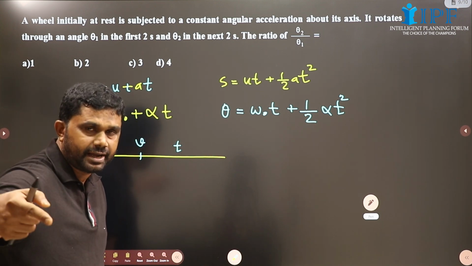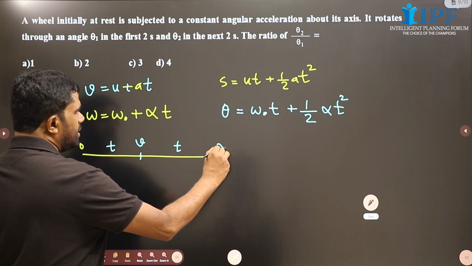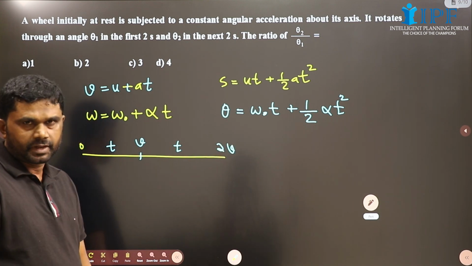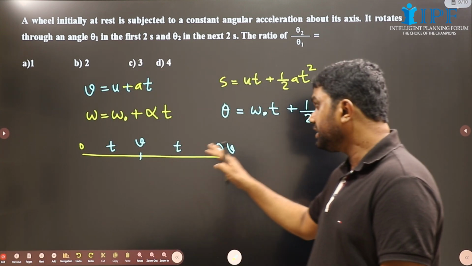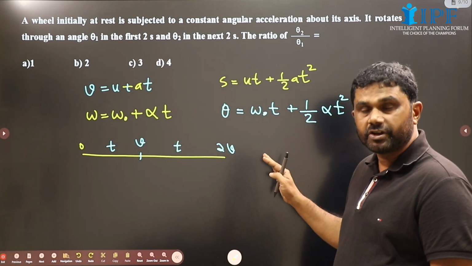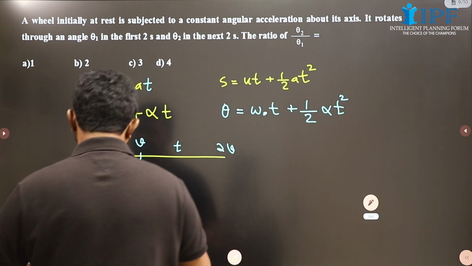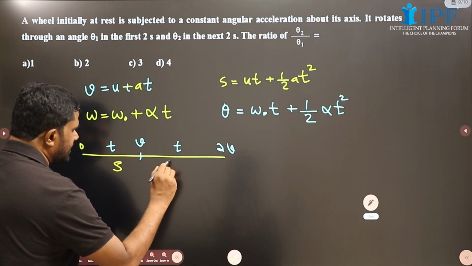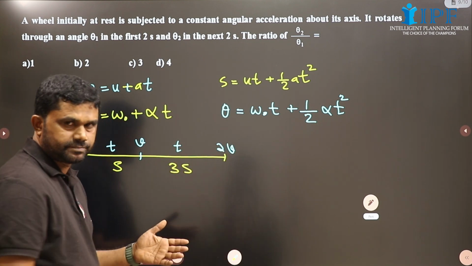Then only we can say that it's moving with a constant acceleration. So velocity increases by the same amount and becomes 2v. After another time interval t, velocity becomes 3v. Here if the displacement is s, then here it will be 3s. In the next interval it will be 5s.